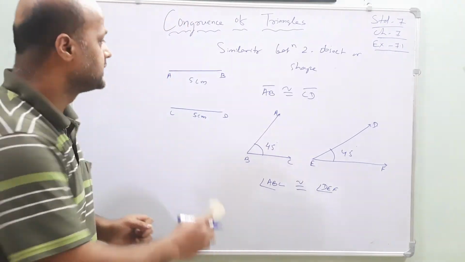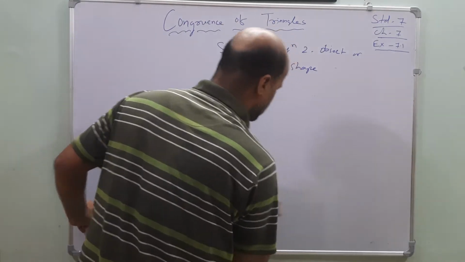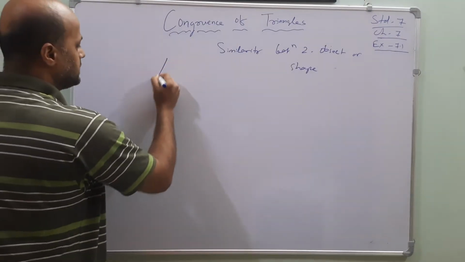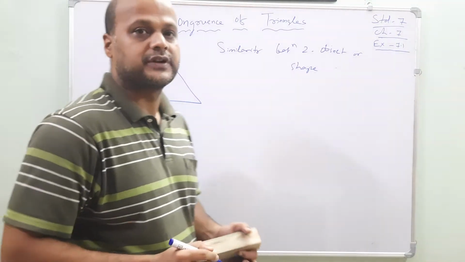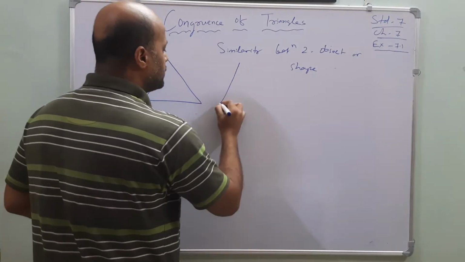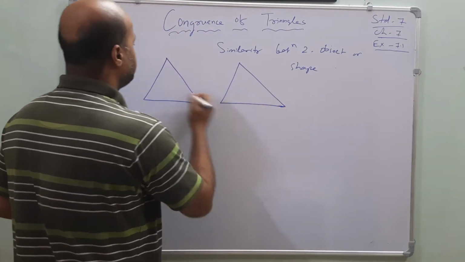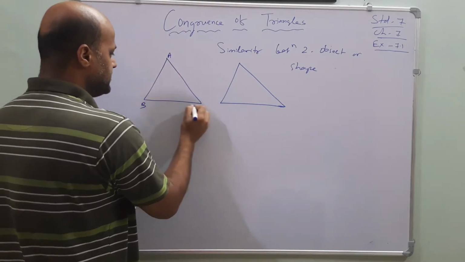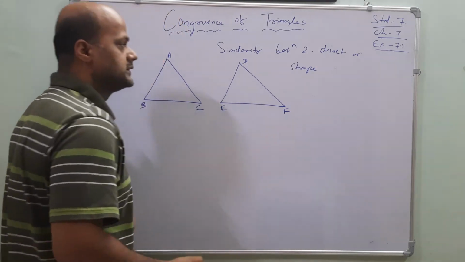Understood? Let's take an example of a triangle. Now I am drawing two triangles, because for congruence of triangles we need two objects. Suppose ABC is a triangle and DEF is a triangle.